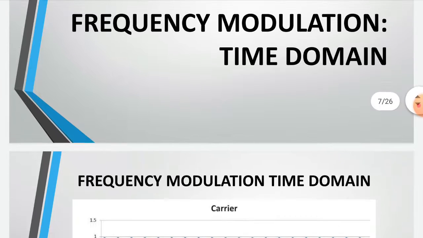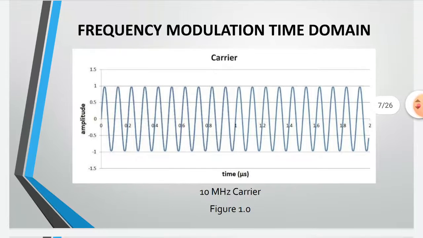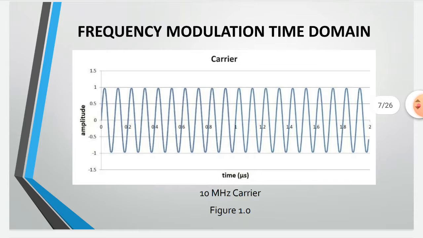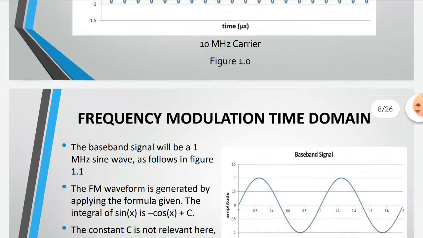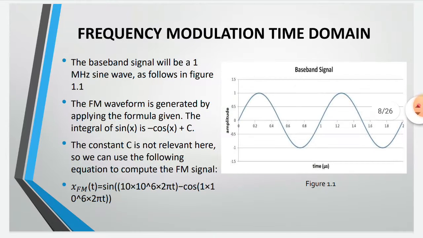Frequency modulation time domain. This is the graph for a 10 MHz carrier. The baseband signal will be a 1 MHz sine wave as follows in figure 1.1. The FM waveform is generated by applying the formula given.